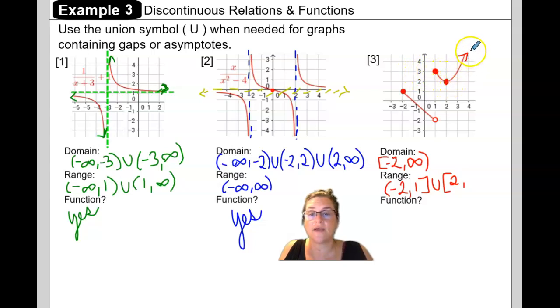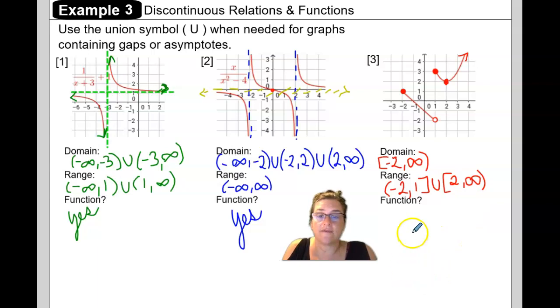I can see that on the other side it goes up to the 3 and keeps going on up to infinity. So I have infinity as my upper bound for the range. So my range is -2 open to 1 closed, union closed at 2, and then on to positive infinity.